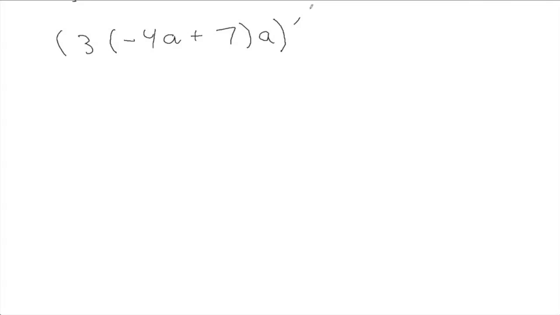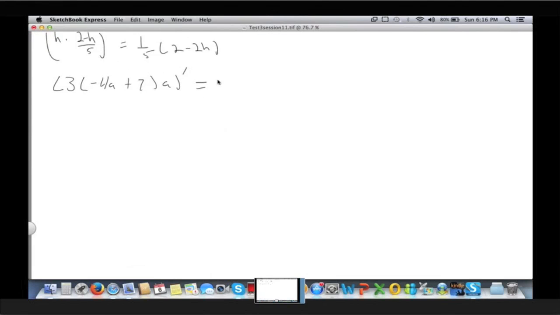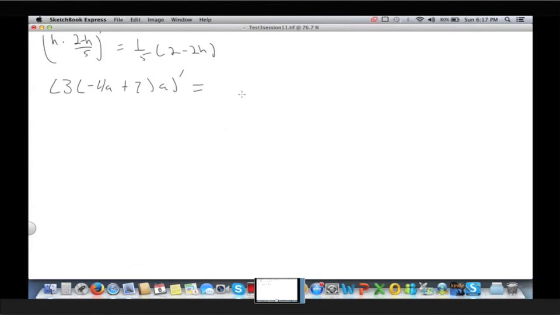And remember, our goal for each of these problems in this section is to get the expression written as a polynomial or a polynomial times a constant, and then take the derivative. Well, we already have our constant. So just rewrite this.